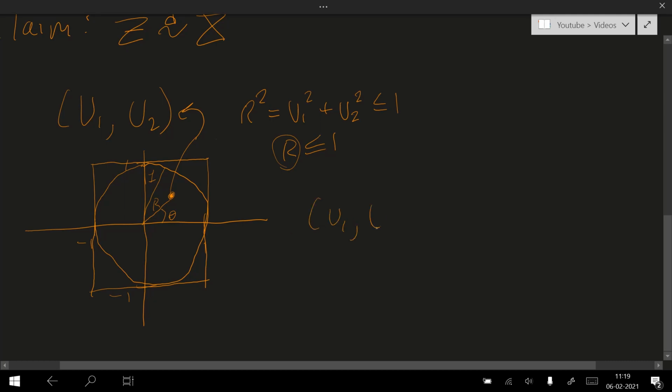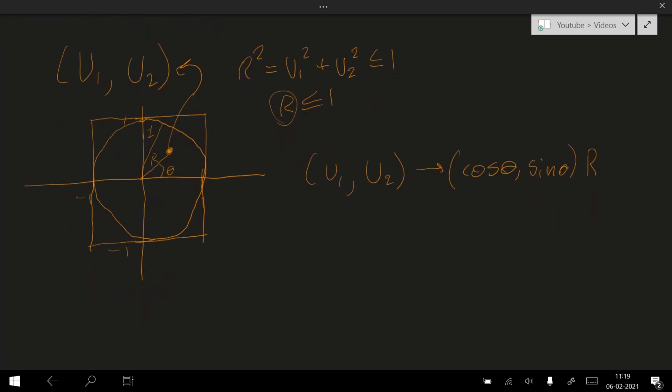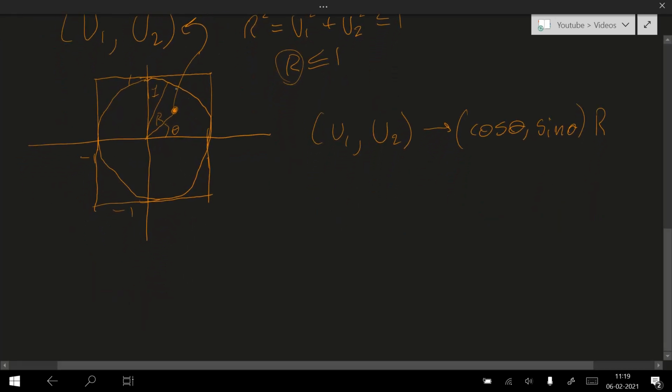Then u1, u2 can be written as the cosine of theta, the sine of theta, both multiplied by r. We have established that our u1, u2 are uniformly distributed within the unit disk. That means that the density of u1, u2 at any point is equal to 1 divided by the area of the unit disk, which is just pi.